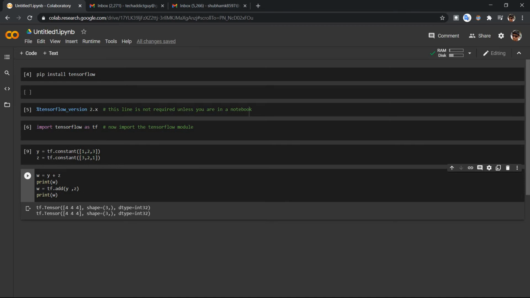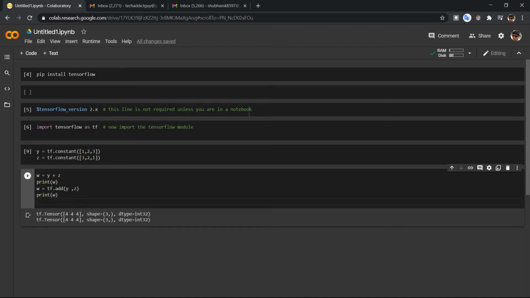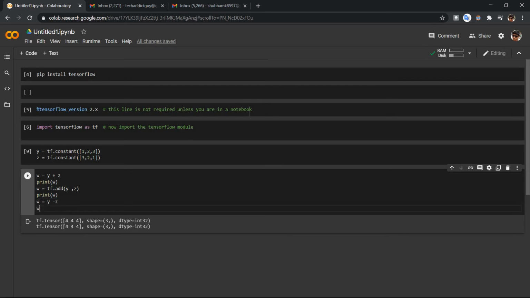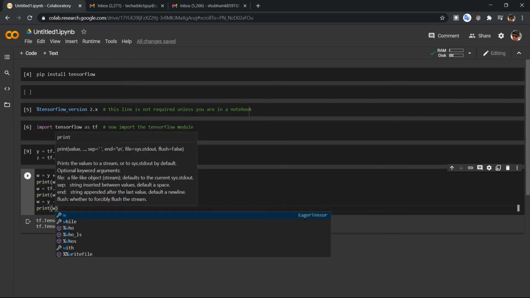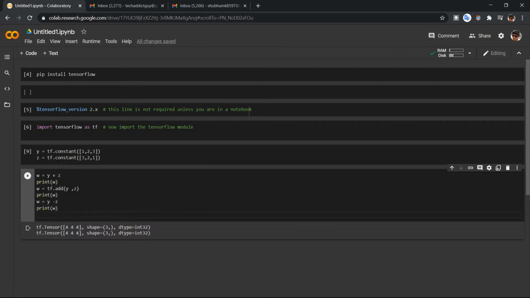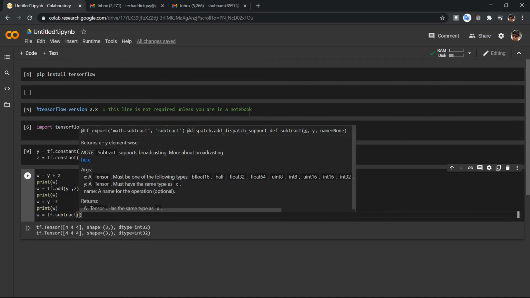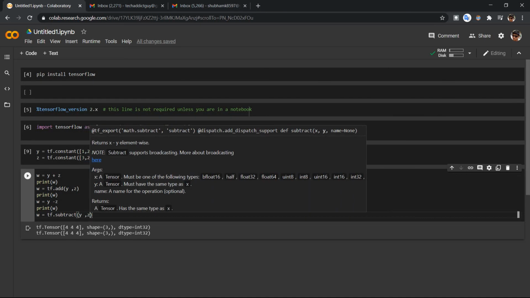and yes, and to subtract we do it in the same way, w is equal to y minus z, print w, or w is equal to tf.subtract y comma z.